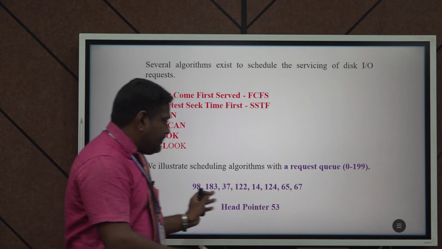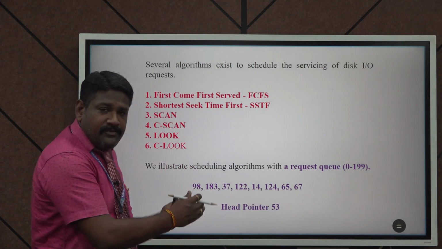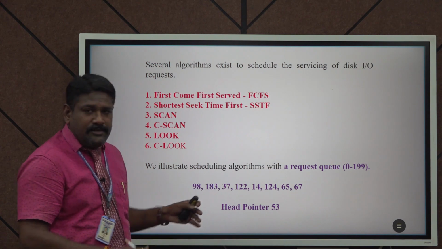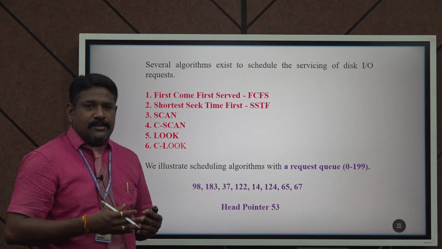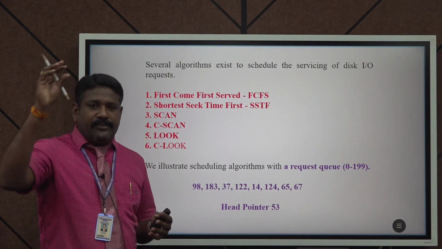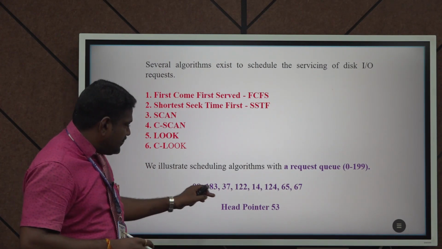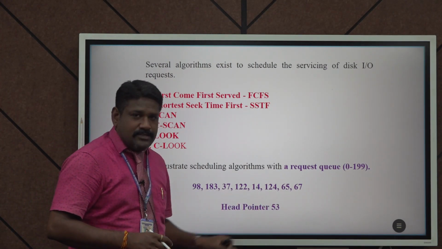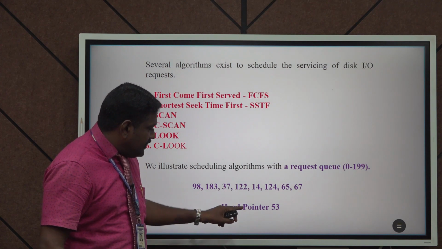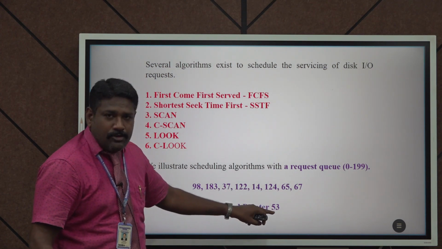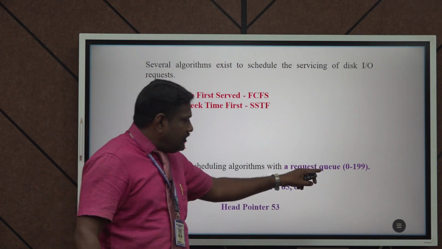First the problems will be given like this. Consider a hard disk. The files are placed at different memory locations, and the initial head pointer is in a particular position, and there is the Q value.